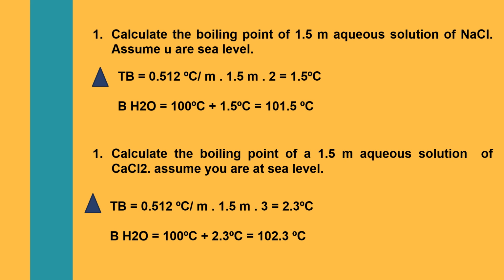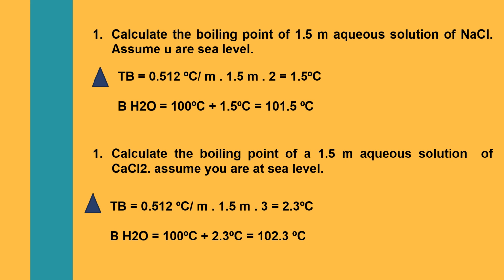Let's think about this. If I put this in water, it's going to dissociate and break apart into two different ions, right? So the van't Hoff factor here is going to be 2. We multiply by 2, and we end up with 1.5 degrees Celsius.